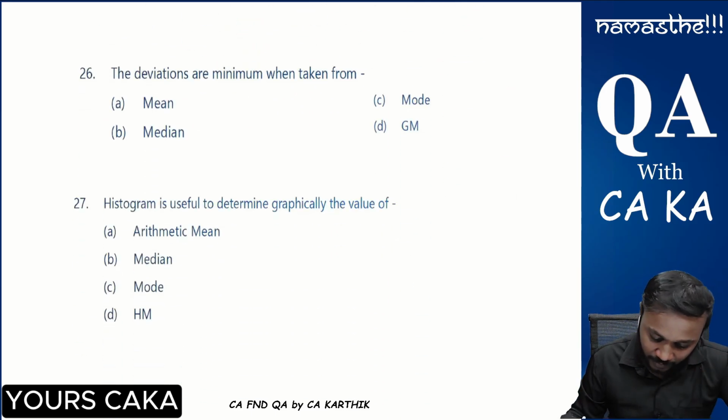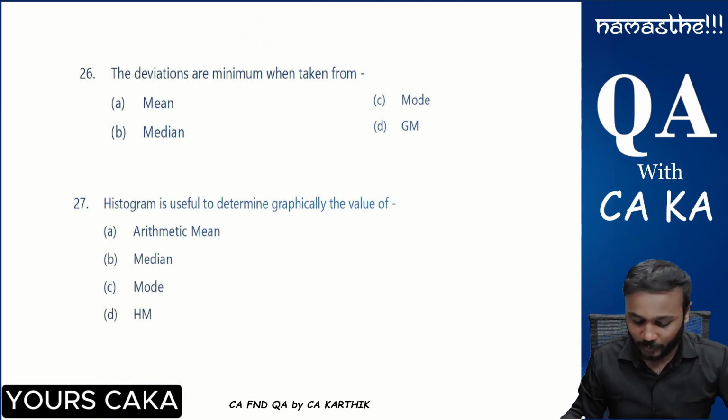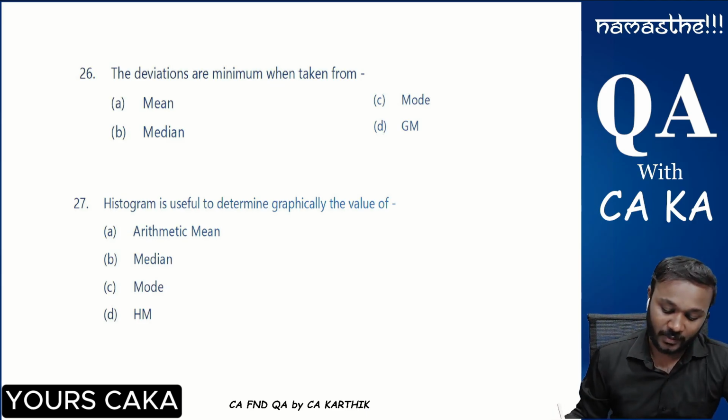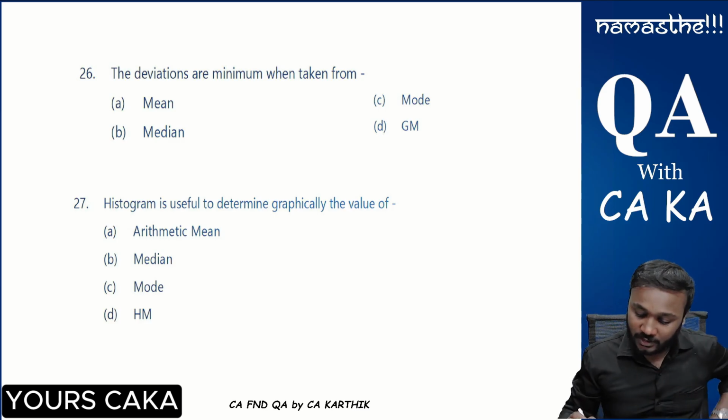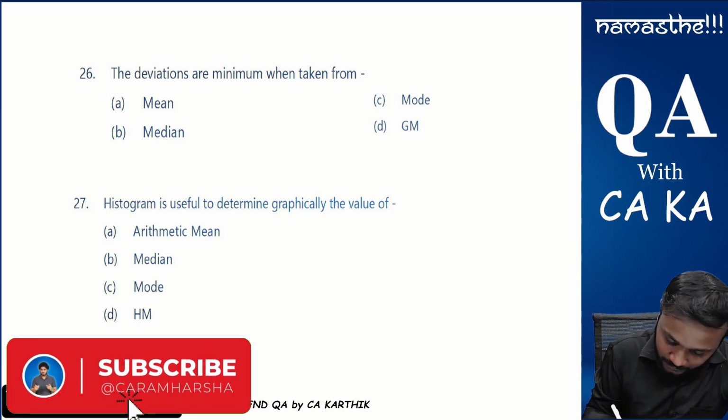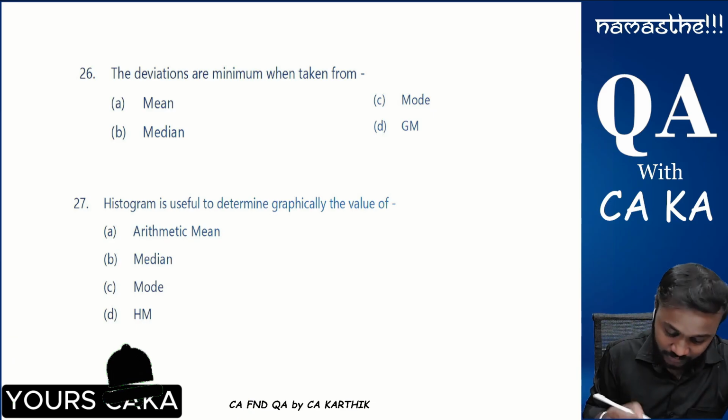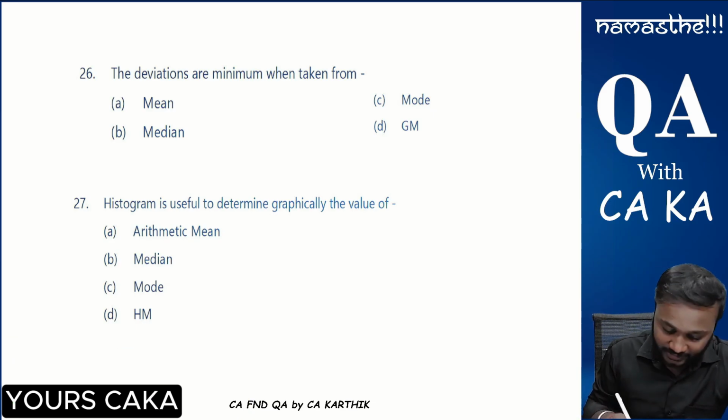The deviations are minimum when taken from. So what is the answer for this question, sir? Before we do this, we need to remember that this statement may be wrong, or they're going to correct it in the examination.